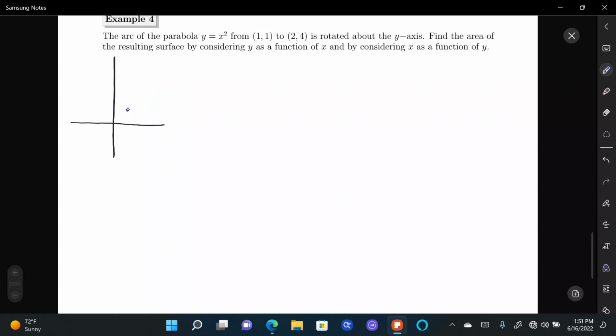So basically only this portion right here. It doesn't include the origin. Well, its counterpart on the negative axis is going to look like this. Not too steep.